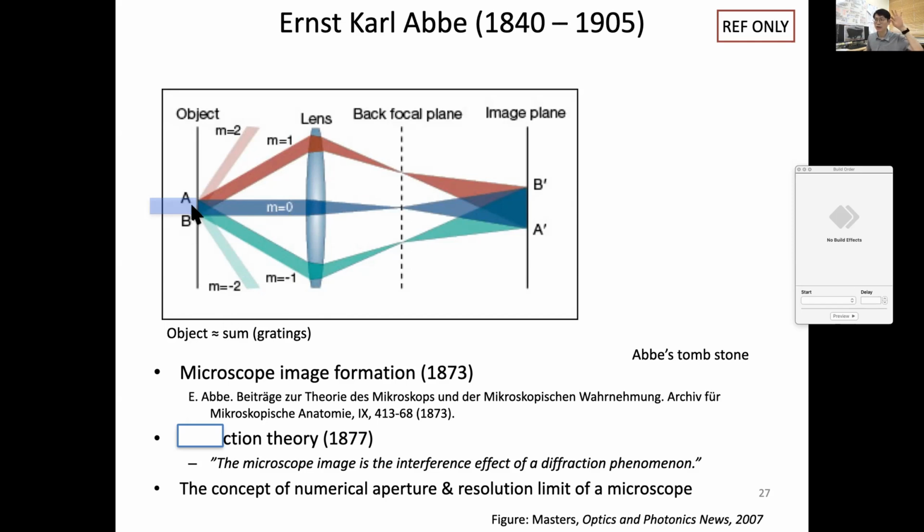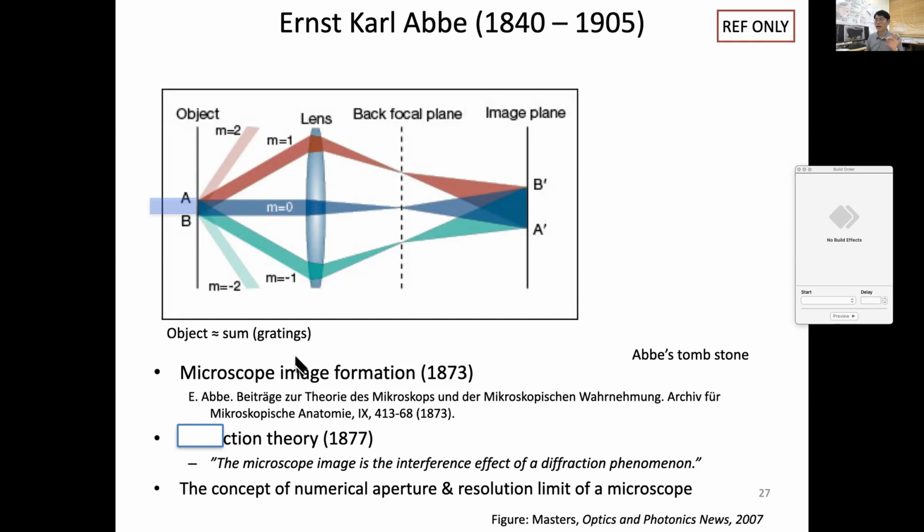Those come from fine features, and you cannot reproduce fine features in your image plane. That's why we cannot image too tiny an object, in fact, tinier than the wavelength of light in general, in our image plane.